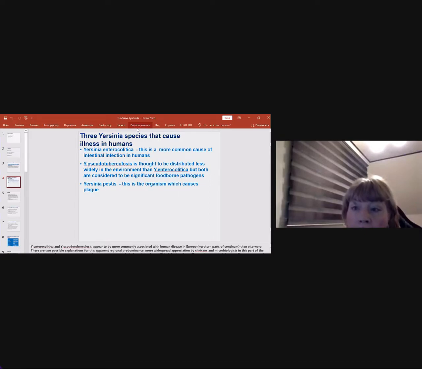And if this blood from the donor stayed in the refrigerator for several weeks, for example, and if Yersinia species were present in this blood, they could multiply. And if the recipient receives this blood, this patient receives not only blood, but also a lot of Yersinia species.